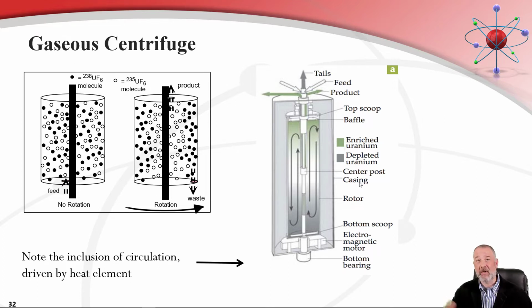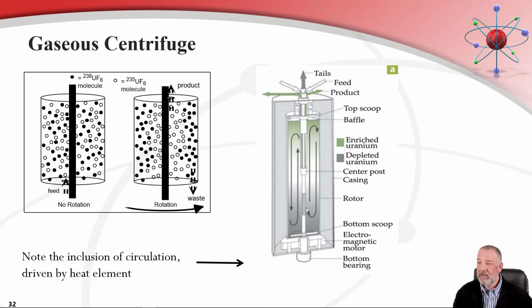The baffles are, again, one of these key technologies to having a successful operational gaseous centrifuge. The scoops also are designed in such a way as to make the operation quite efficient, again, not remixing everything. They are also one of the engineering challenges that needs to be overcome.